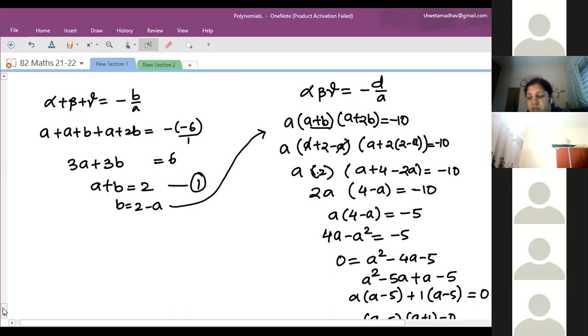Can you simplify that? Yes, ma'am. So 4 minus a you got there. Yes, ma'am. Then this 2 will be transferred to LHS as division, both sides dividing by 2. Yes, ma'am. Got it, ma'am.